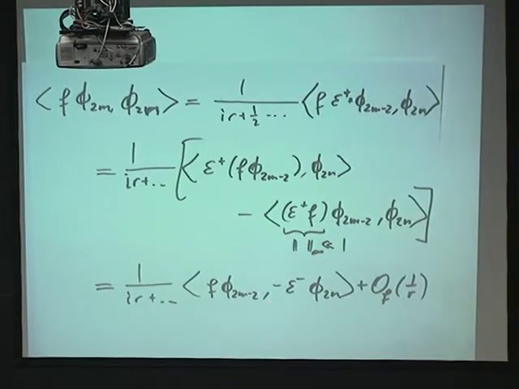So I can just look it up. I can now express E minus phi 2n in terms of phi 2n minus 2 and this number here, which then pops up here in the numerator. And there's an n up here if I do that, but below there's an m.